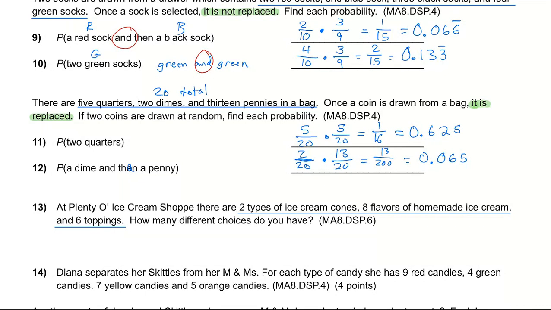What I would use is the fundamental counting principle, where we're going to take our 2 types of ice cream cones times the flavors of ice cream times the toppings. So that's 2 types of cones, 8 flavors, 6 toppings. 2 times 8 times 6. It's 96. So there's 96 choices.